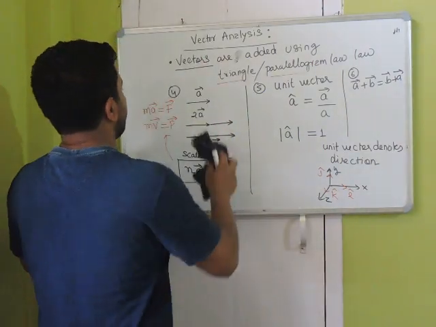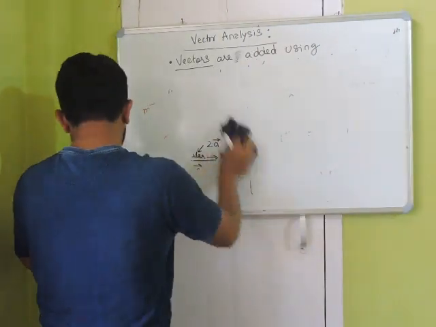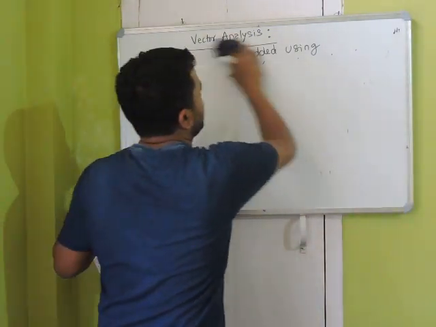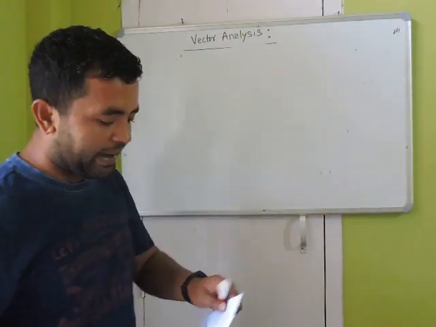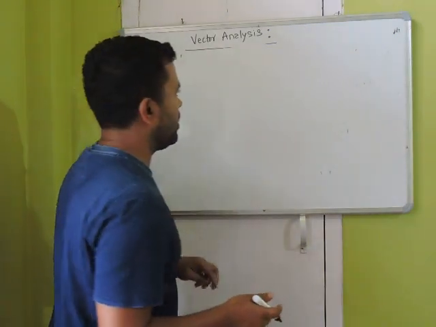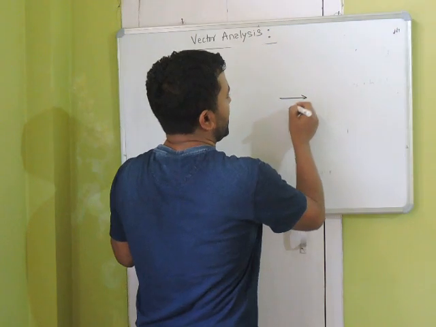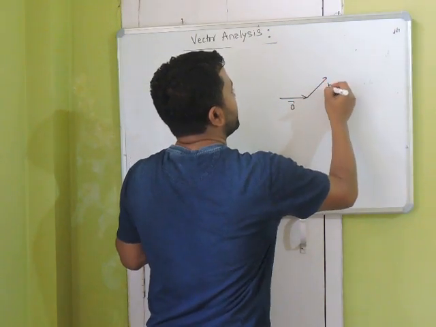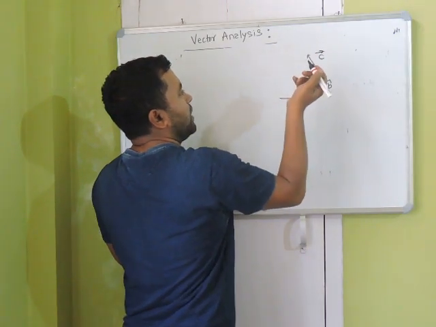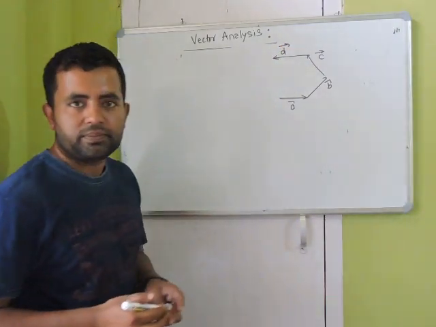Now you can ask me that what if I have more than 2 vectors, how we add them? Okay, so I will end with that idea only. I told you vectors are added using triangle law or parallelogram law only if there are 2 vectors. If you have more than 2 vectors, let us just imagine a scenario. You have vector A, vector B, vector C. Okay, let us take one more vector, vector D. Now you want to add them.